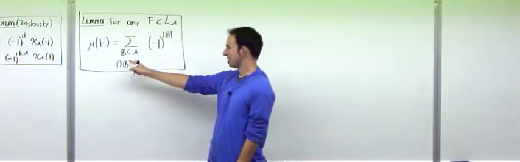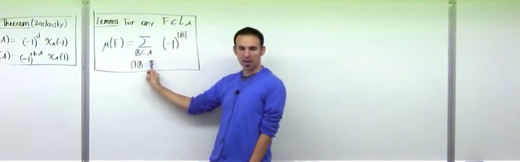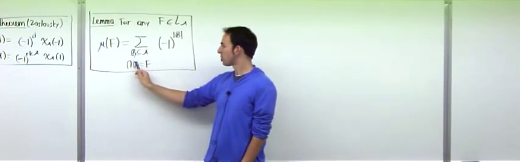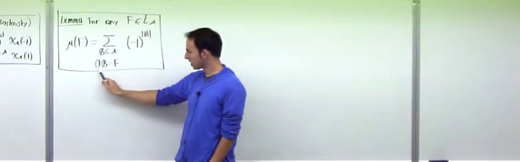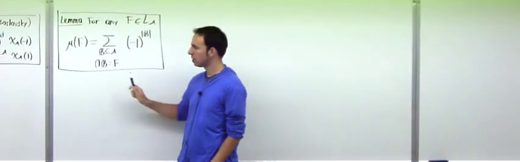So is this notation clear? A is my set of hyperplanes, and I'm considering subsets B with the property that when I intersect the hyperplanes in B, that gives me my flat F. Okay. So let's do an example so that you see how this works.